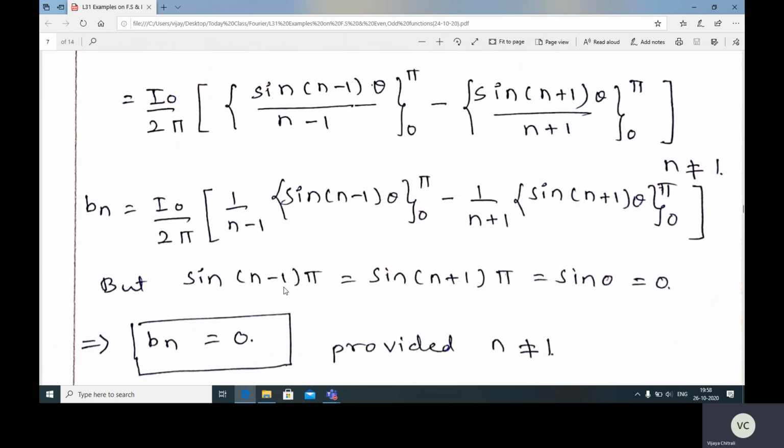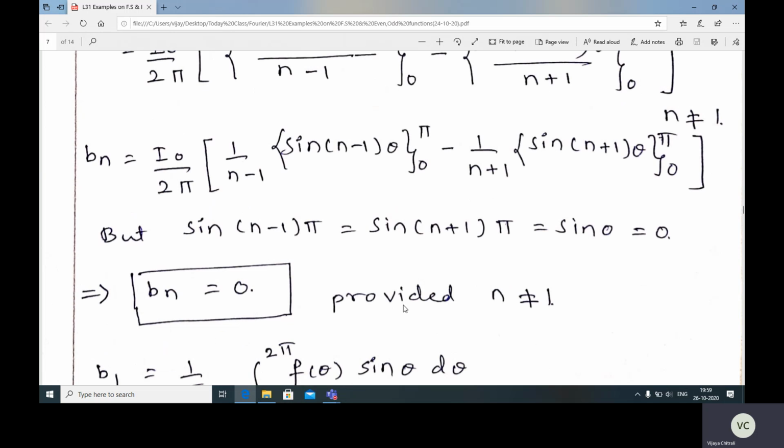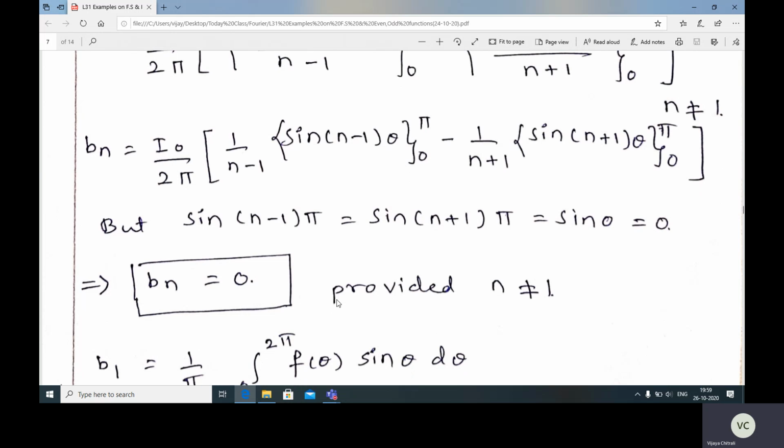But sine n minus 1 pi and sine n plus 1 pi will be 0, because sine n pi is 0, both equal to 0, and sine 0 is 0. So we get Bn is equal to 0 provided n is not equal to 1. But for n equal to 1, we need to find it separately.